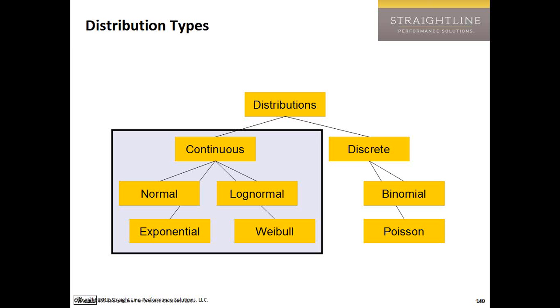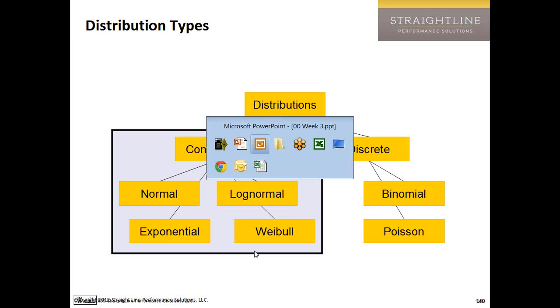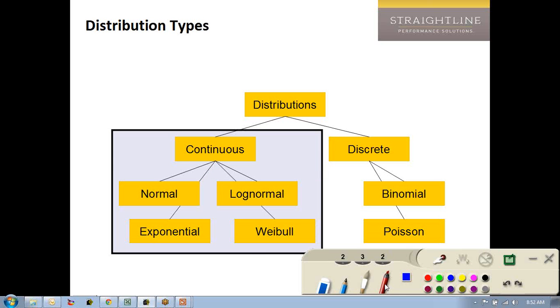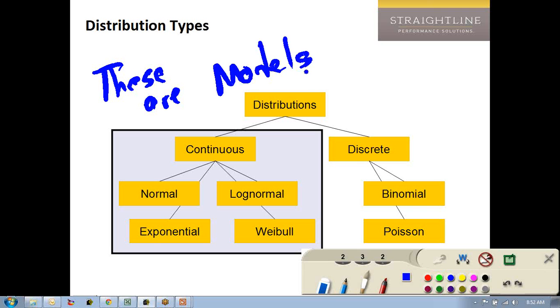Now your question is just to say, which one of these models fits best in my situation? And before I really get into this, there's a pet peeve of mine. One of the pet peeves is when people say the data are normal, and I do it myself once in a while, so I'm not totally immune from this. But I want you to keep in mind, these are models. Okay? All real distributions are not normal. All real distributions are not log normal.